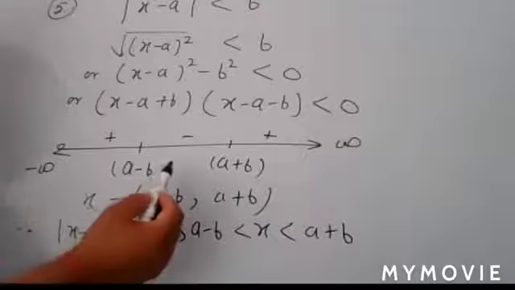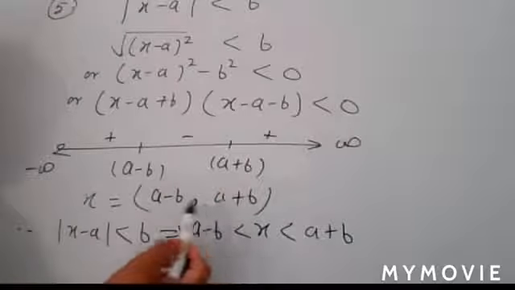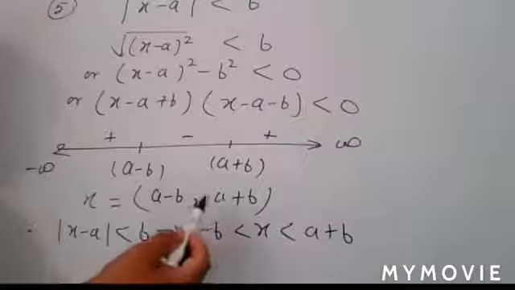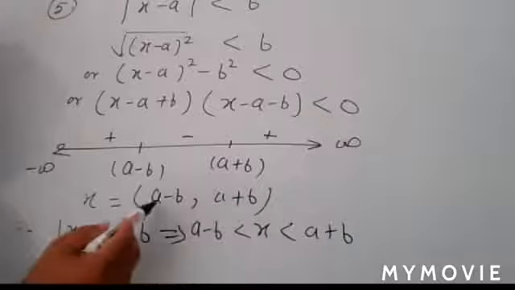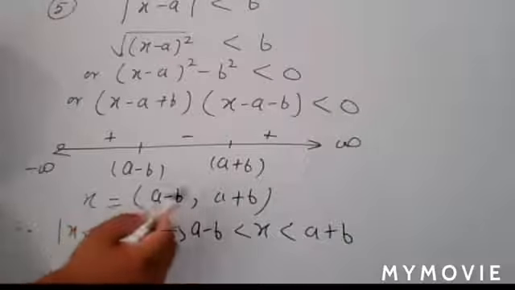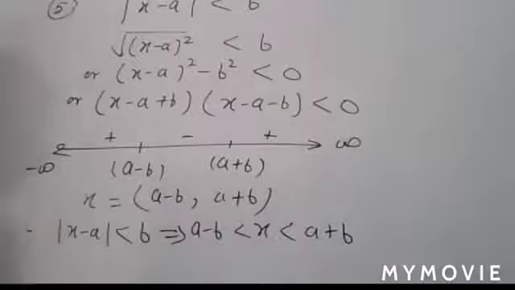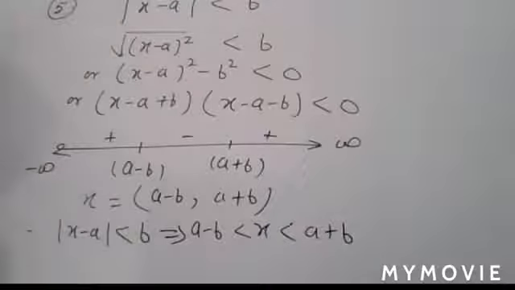If you are saying that the value of x is lying between these 2 points, you can express that in open interval. So if you write here open interval, what does it mean? It means the a minus b point is not taken, the a plus b point is not taken, but your value of x lies in between them. That's why here you have written in this way. Okay.